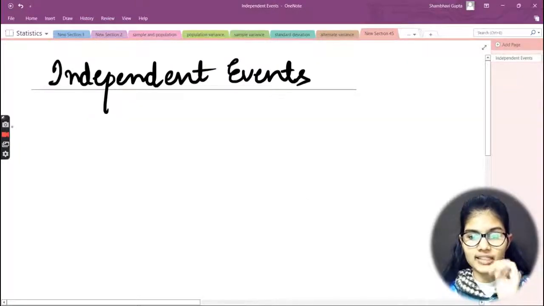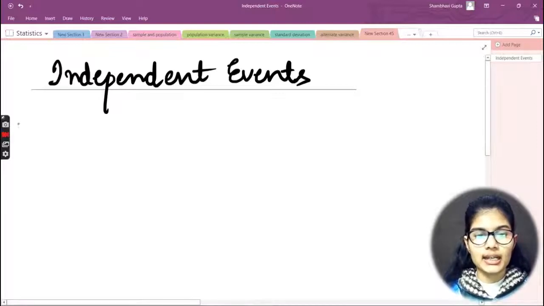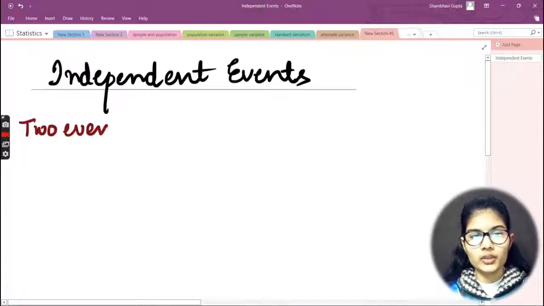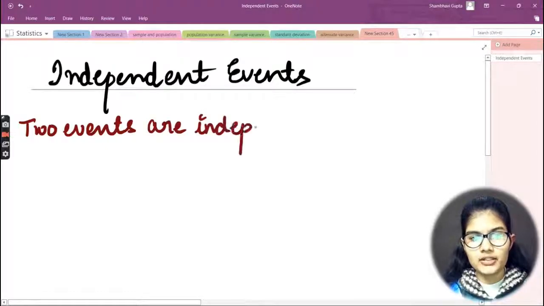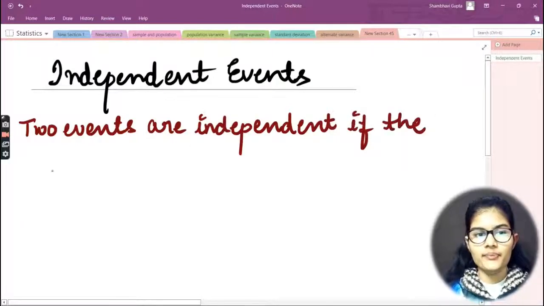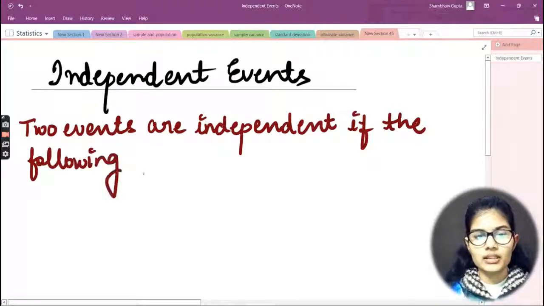So in this case I would simply mention here that two events are independent if the following are true.